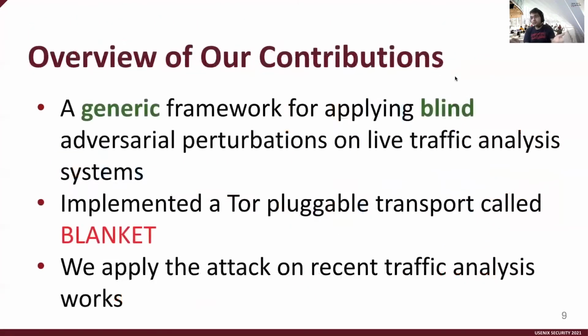So in this work, we try to solve this problem by creating a generic framework for applying blind adversarial perturbation on traffic analysis systems. And to show the possibility of such systems, we created a pluggable transport for Tor, which we call Blanket, and we also showed the effectiveness of this work on several traffic analysis methods.